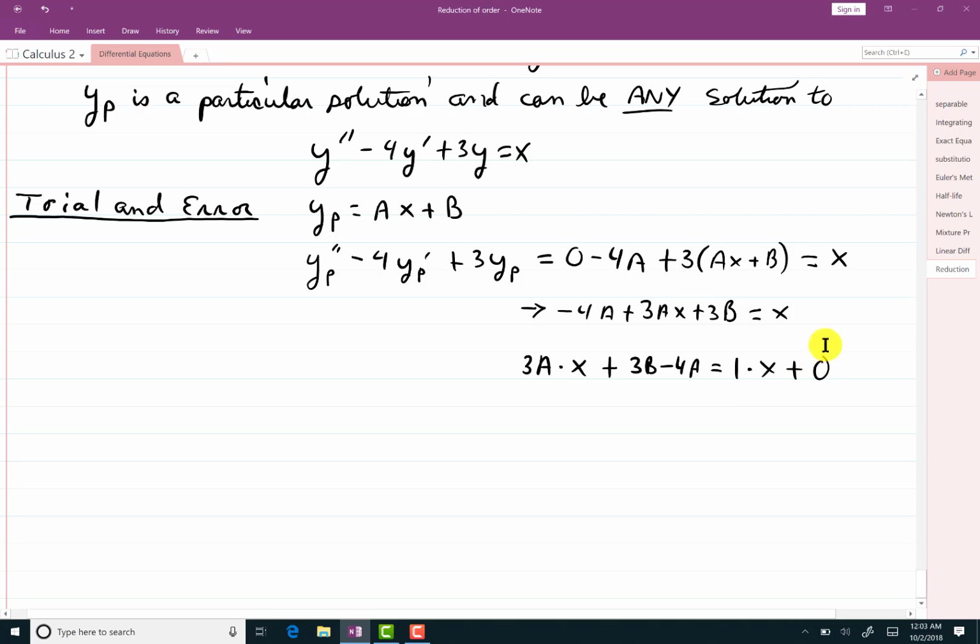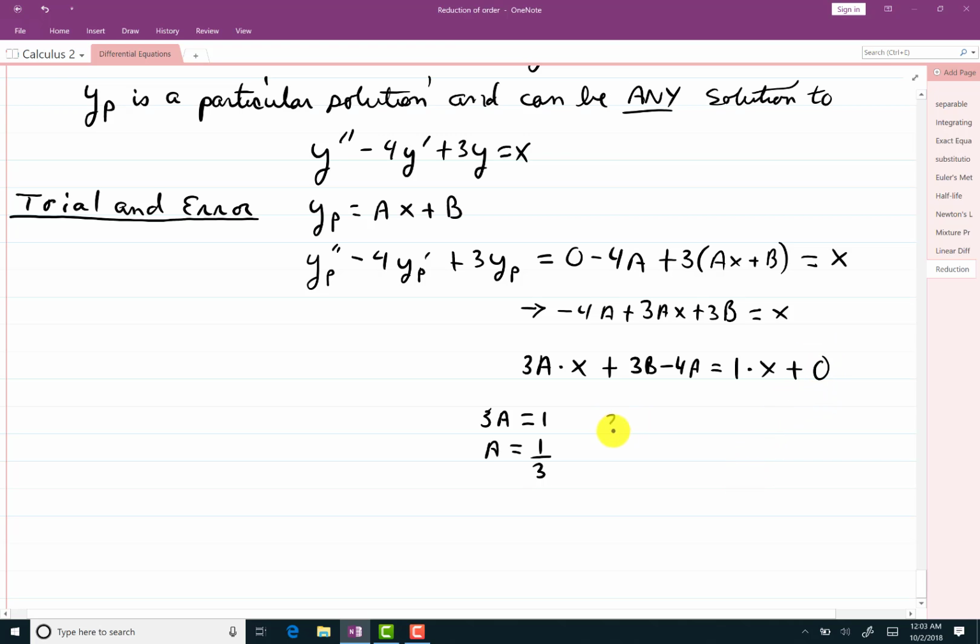The reason why I did that is because I'm going to line up the coefficients. In front of the x, I have a 1 on the right side. On the left side, in front of the x, I have 3a. So I am allowed to make the equation 3a equals 1. In other words, a is equal to 1/3. On the other hand, now that I know that, the constant part up here, the 3b minus 4a, is equal to 0.